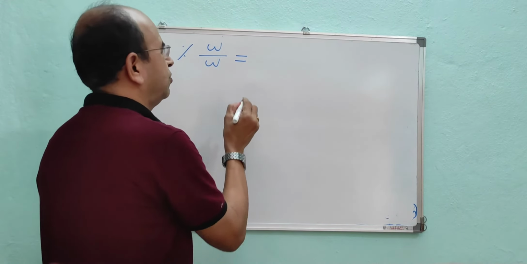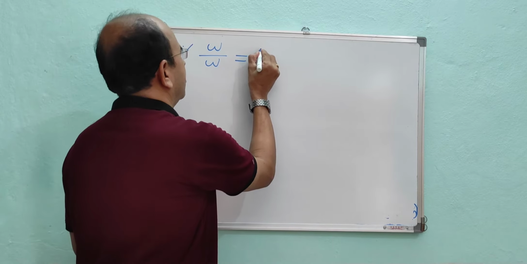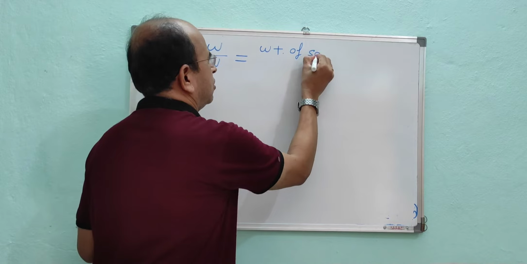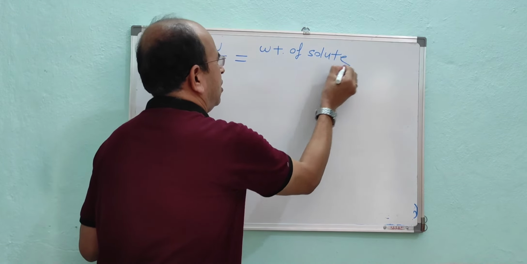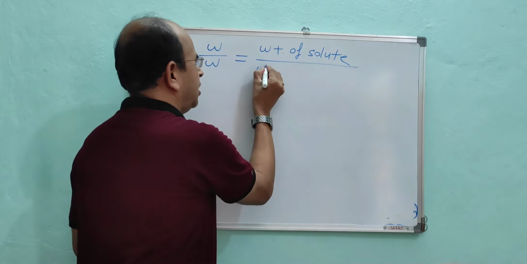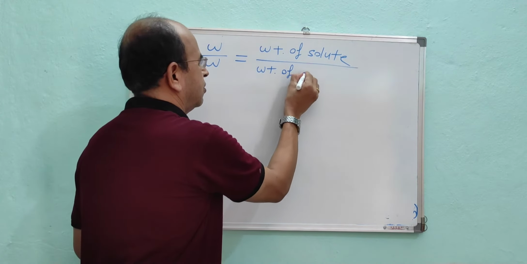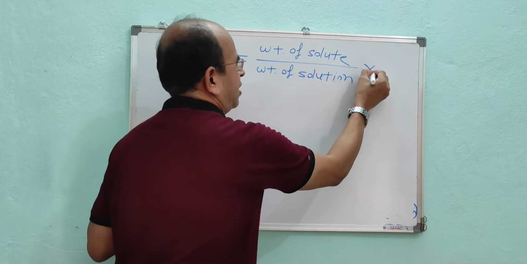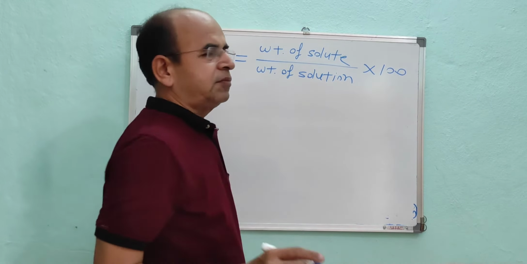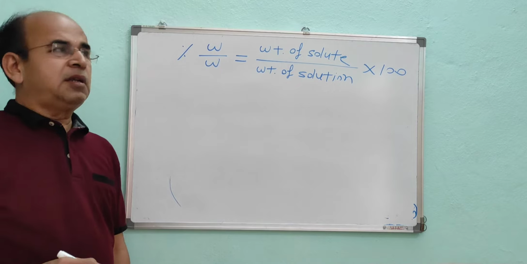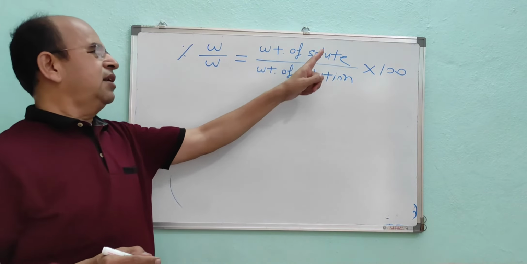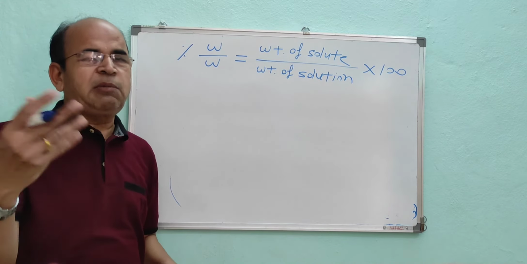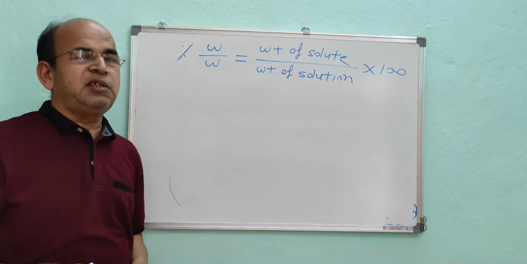That is equal to weight of solute divided by weight of solution, multiplied by 100. That is percentage weight by weight. Weight of solute is taken in grams, weight of solution is taken in grams, and it is multiplied by 100.